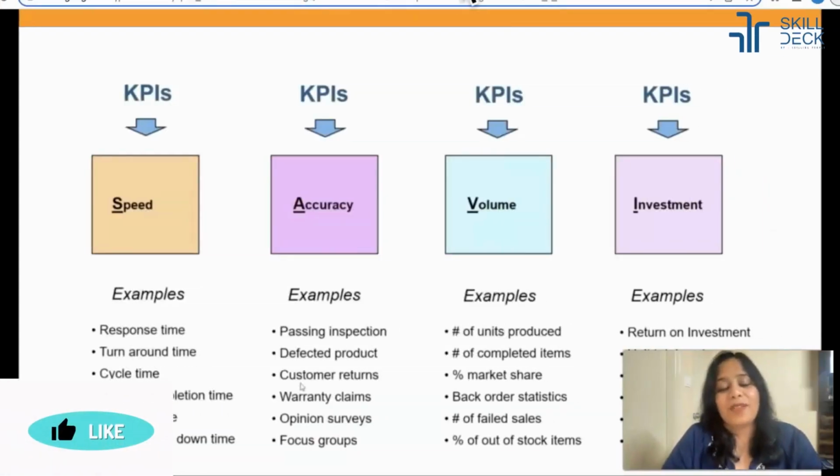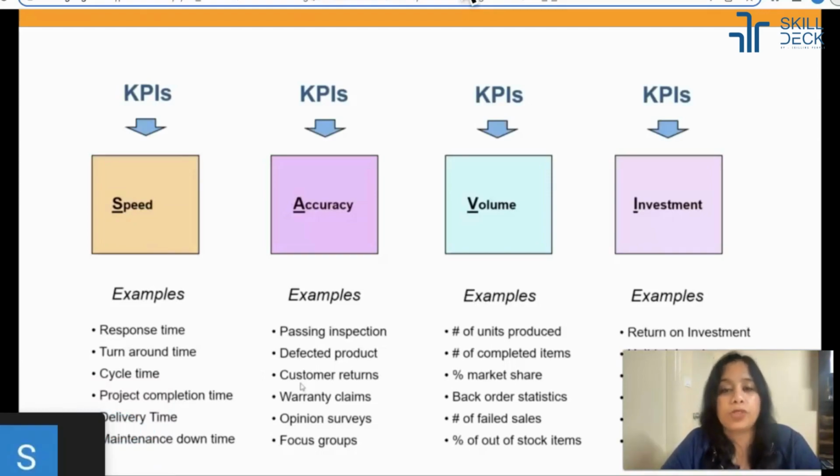Hi guys, welcome once again, and now let's start learning about how to select the KPI. In my KPI video, I have already explained a technique called SEVI. S means speed, A is accuracy, V is volume, I is investment. When we select the objectives, for each objective, we have to think: is there anything related to speed, like response time, turnaround time, cycle time, projection time, that I can select?